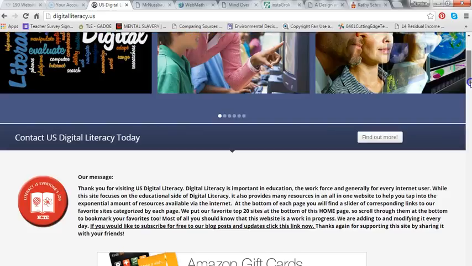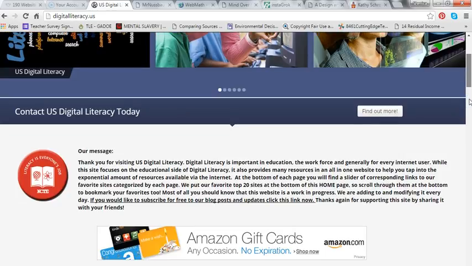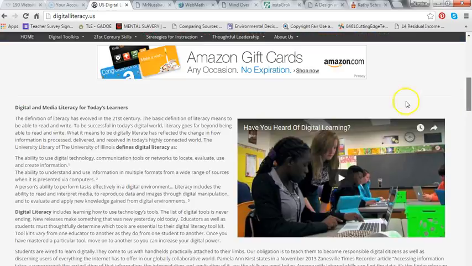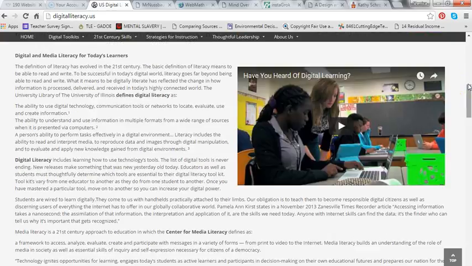And when we say literacy, we automatically think anybody who reads above a 4th grade level is considered literate, from a definition standpoint. But digital literacy is so much more. And they have a great definition here because it says digital literacy has evolved in the 21st century. It's not just, can you read? It's can you understand how to use the computer?